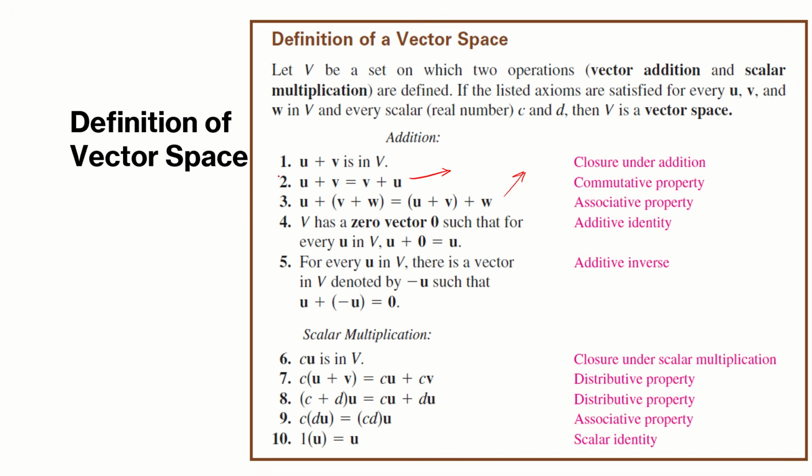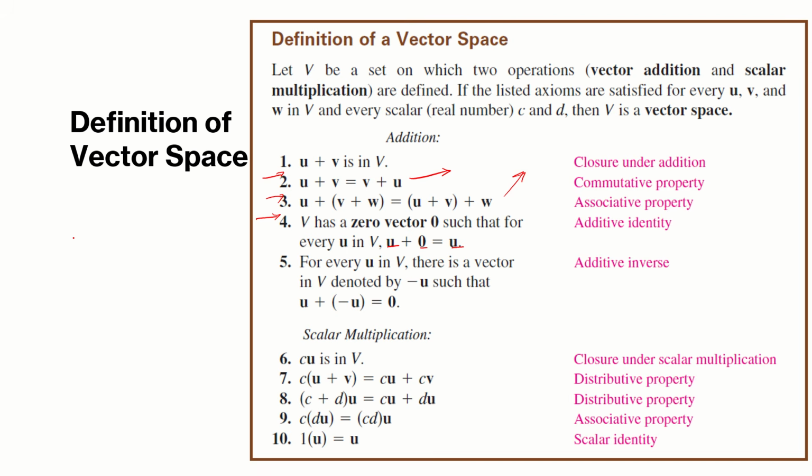So for a vector space, these two conditions must be satisfied as well, that the set must be commutative, the set must be associative. The fourth condition: there should be a 0, an additive identity in the set. We satisfy this condition that u plus 0 gives you back u. Again, in some cases it may not be the case.